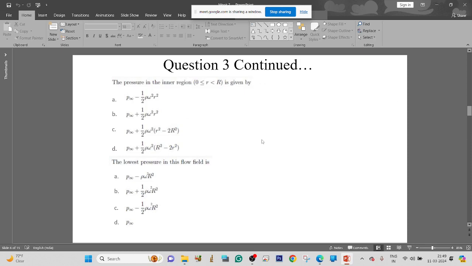Ma'am, option A. Let me check. It will be P is equal to P infinity, half of 2 omega square r to the power 4. Omega square r to the power 4.